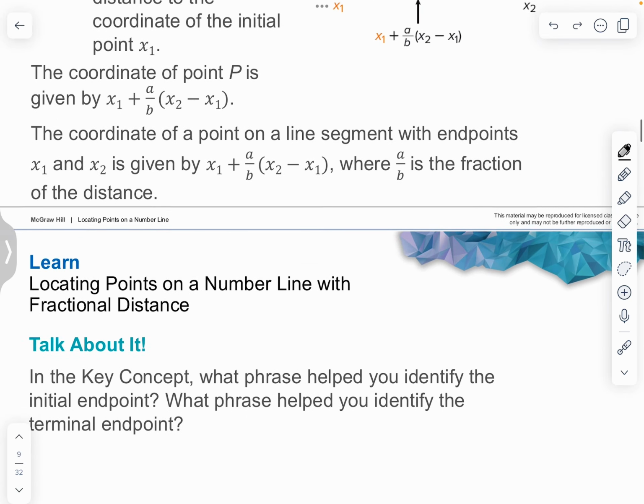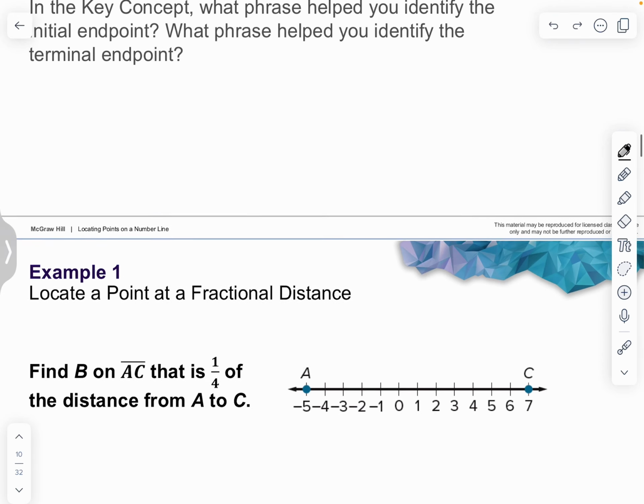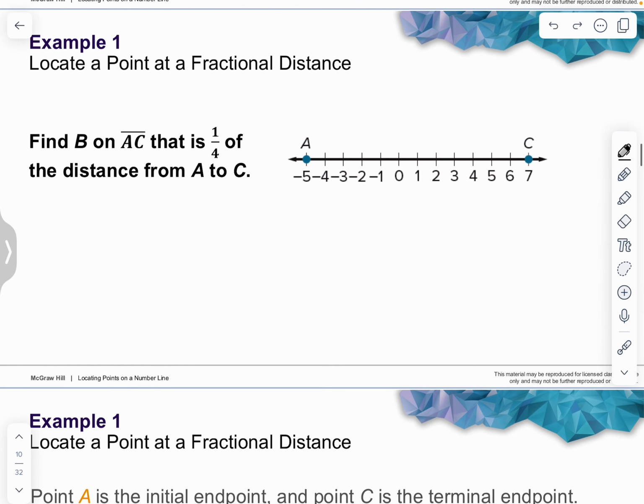So we're going to try it. Okay. So here we go. Here's an example. You guys should have it down here too. We're going to try it. Find B on AC that is 1/4 of the distance from A to C. So A is our X1, this is our X2.